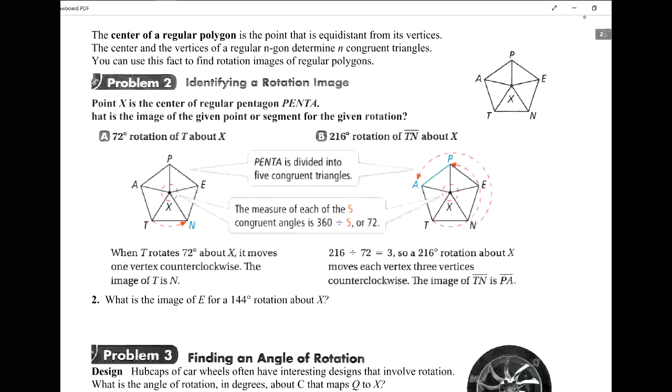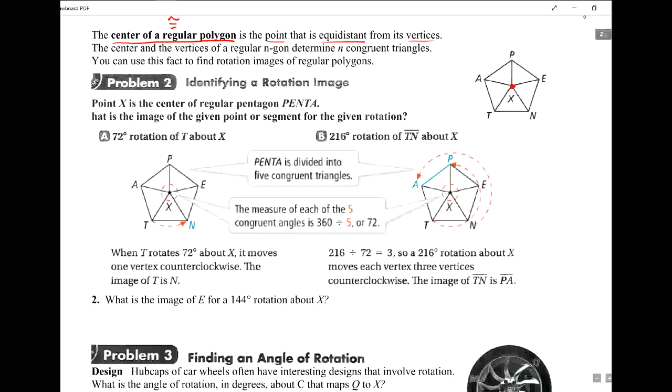Okay, how do we use these? Well, the center of a regular polygon is a point that is equidistant from the vertices. We are very familiar. Remember, regular polygon means everybody's congruent. Sides are congruent, angles are congruent, everything is congruent. All right, so we have seen these before.